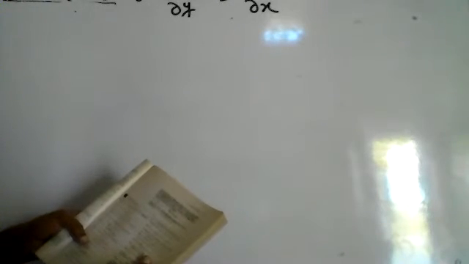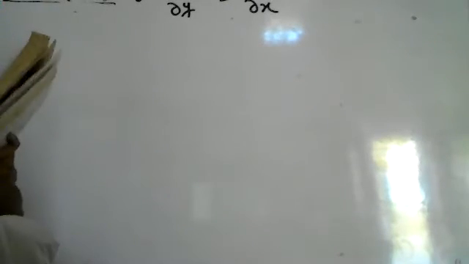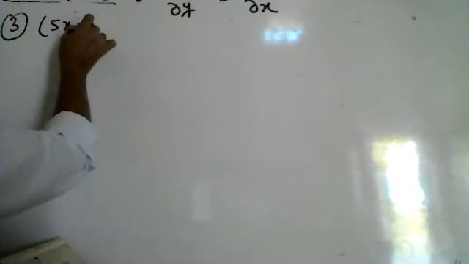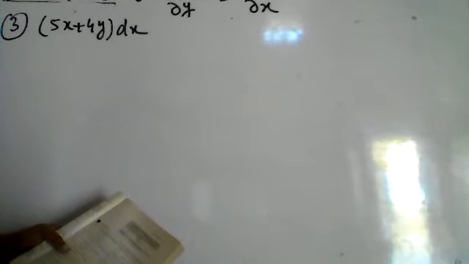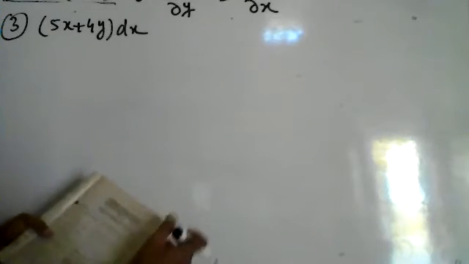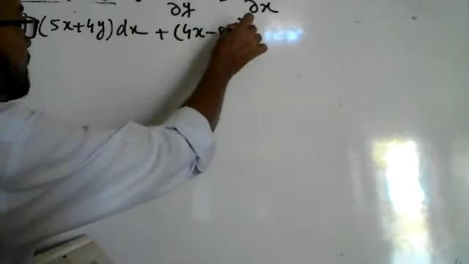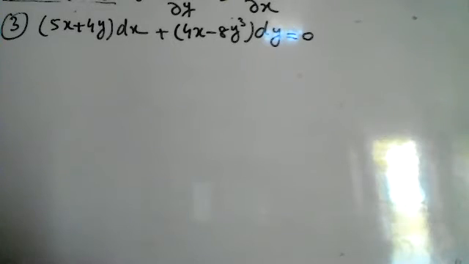Question number 3: 5x plus 4y dx plus 4x minus 8y cube dy equal to 0.